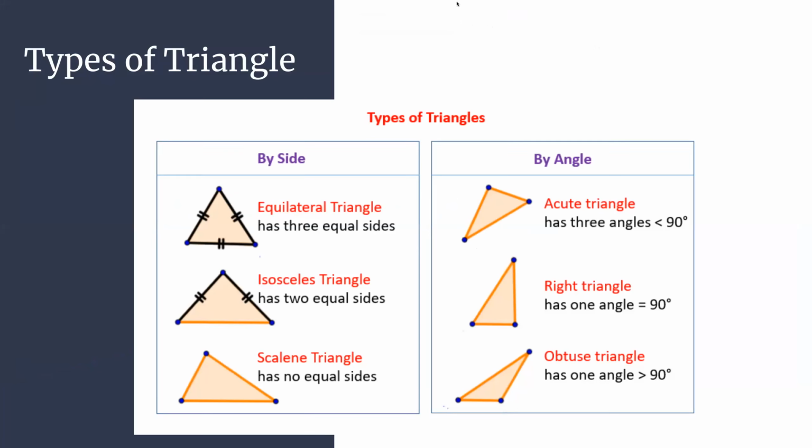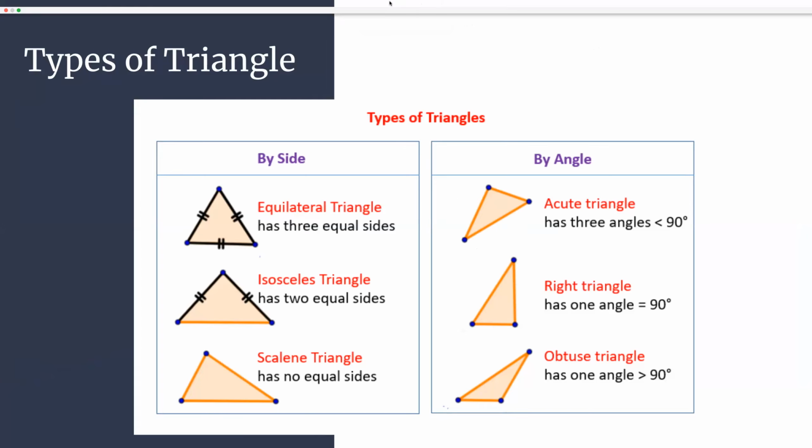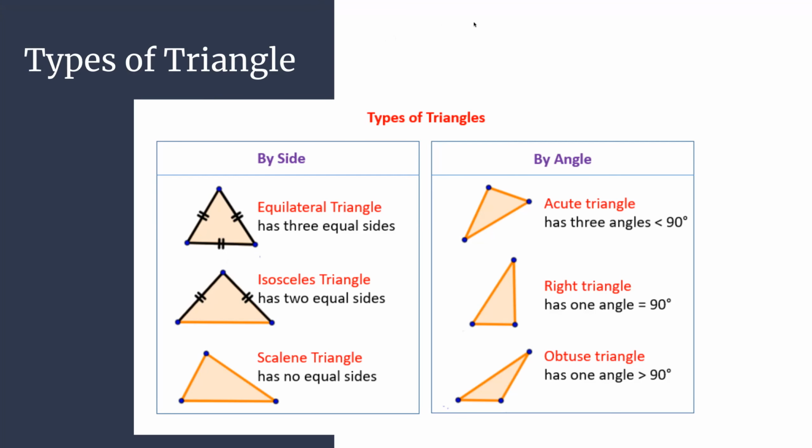If we classify them by sides, we can classify them as equilateral triangle, which has three equal sides, isosceles triangle, which has two equal sides, and scalene triangle, which has no equal sides. And if we classify them by angle, we can classify them as three triangles.